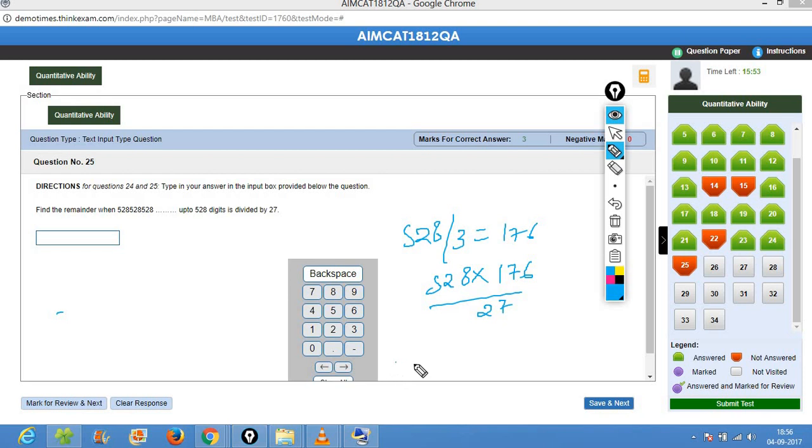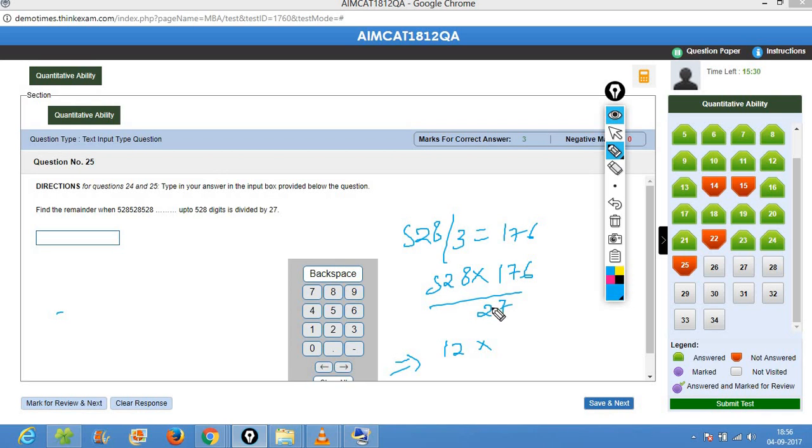Okay, so let's do the fast calculation. We know 27 into 20 is 540. Anything, 540 is going to be a little bit higher or lesser. Yeah, fine. 27 into 20 is 540, right?